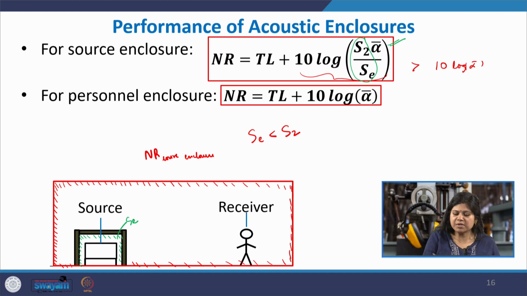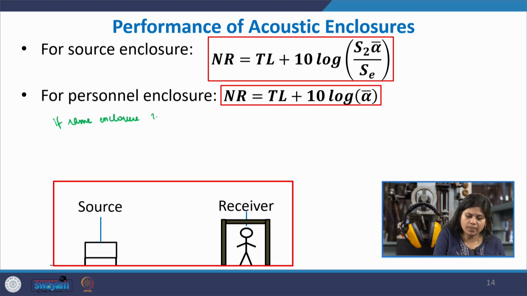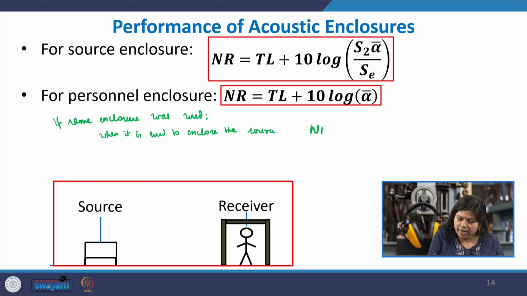So, what we conclude from here is that if the same enclosure was used, which means that the dimensions of the enclosure were the same, the material used for building the enclosure was the same, everything about that enclosure was the same, but in the first case, when it is used to enclose the source, NR is greater than when that same enclosure is being used to enclose the personnel.